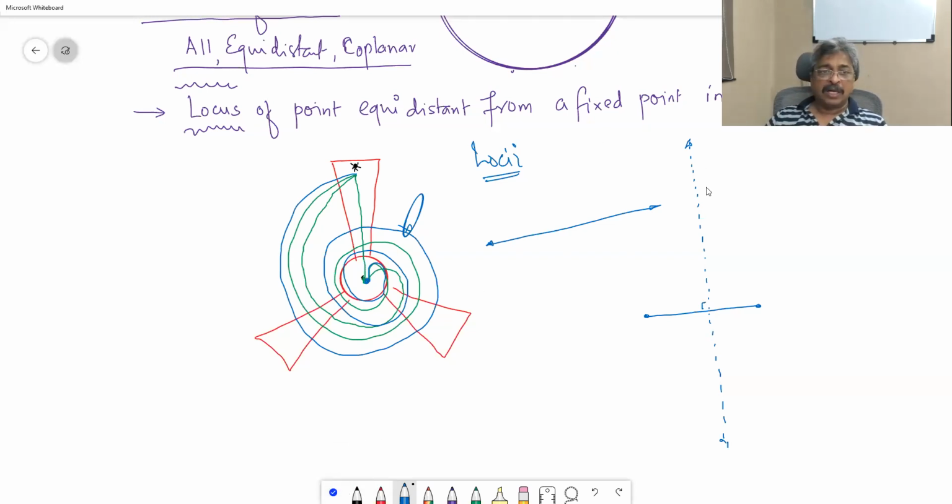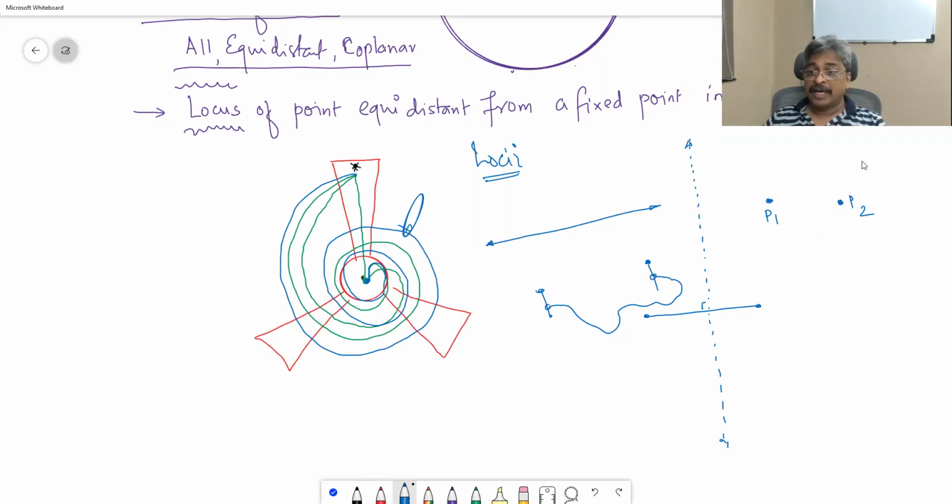Circle, straight line. Now, if you have 2 points, say P1 and P2, I don't know whether you have learnt it in school or not, but suppose these are 2 pins. One pin is here, another pin is here, and I have tied a small thread to these two.